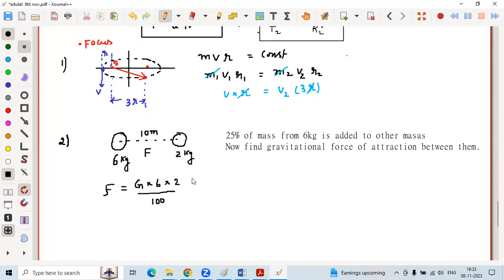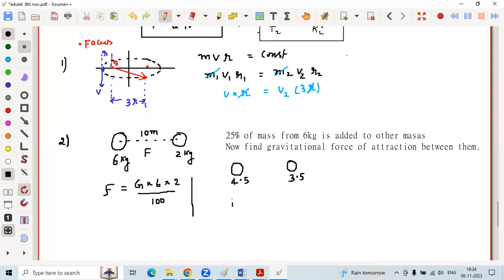This is before removal of the mass. Now I removed 25% of 6 kg. What is 25% of 6 kg? 1.5. Very good, half of half. Half is 3, half of that is 1.5. So 1.5 is taken, the remaining mass is 4.5. Where did he put it? He added it to the 2 kg. So 2 + 1.5 is 3.5. The distance I maintained the same.